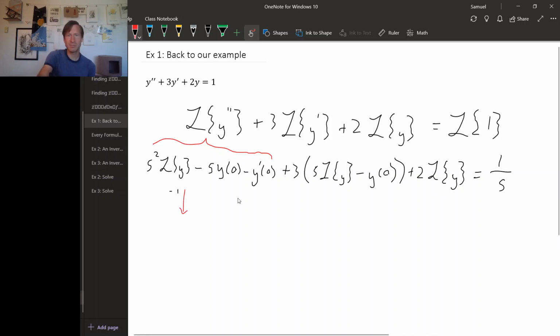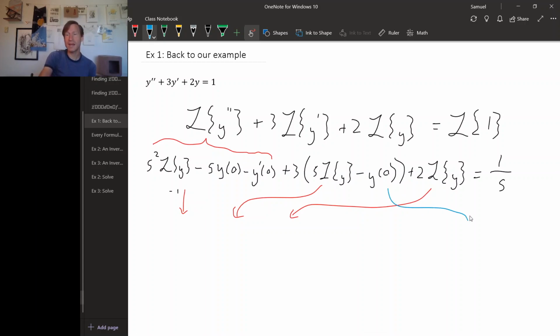So this term is going to stay on the left-hand side, this term is going to be on the left-hand side, this term is going to be on the left-hand side. And all of the terms that don't have the Laplace transform of y, we can move them to the right-hand side. And then these two terms also to the right-hand side. Everything on the left will have the Laplace transform of y in it, so we can just factor out that Laplace transform of y.